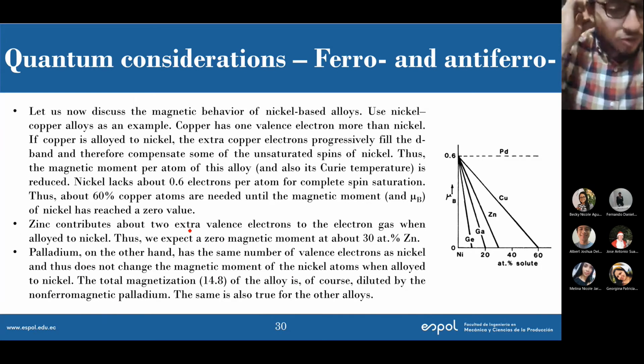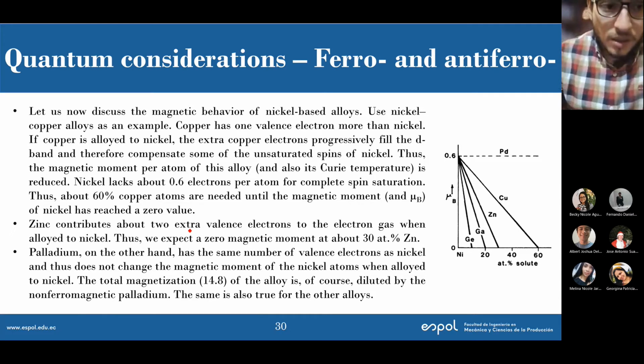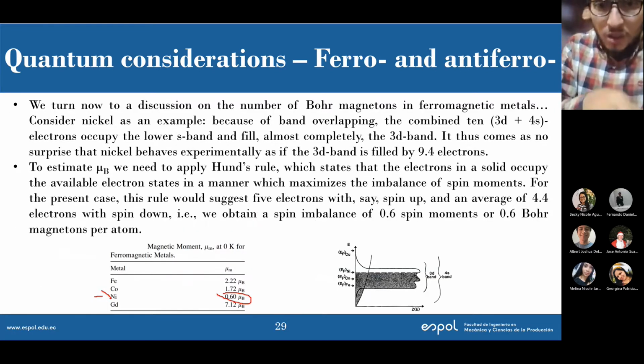Now, let's try to understand how nickel-based alloys behave. And actually, let's look at nickel-copper, for example. If you look at the electronic configurations, copper will have one more valence electron than nickel, right? So let's put copper into nickel. Well, that extra electron from copper will progressively fill the d band. Remember, we said nickel doesn't really have a filled d band, right?